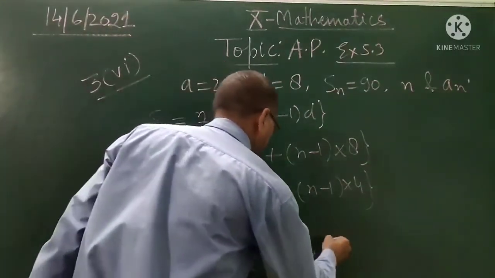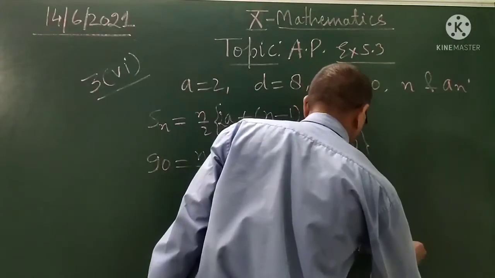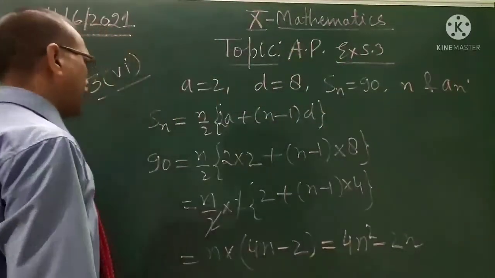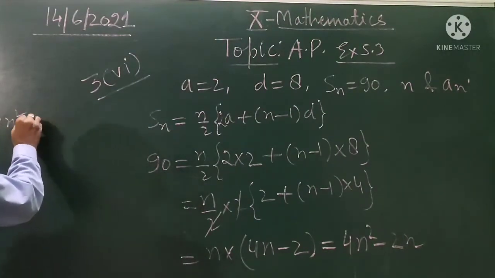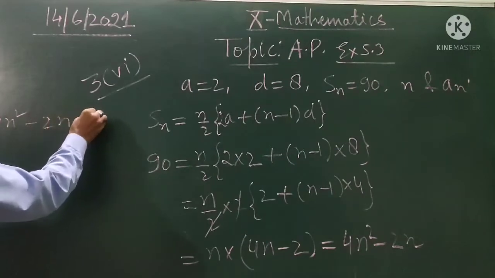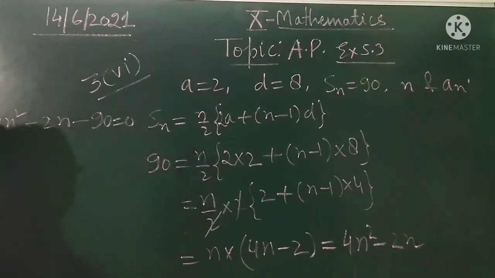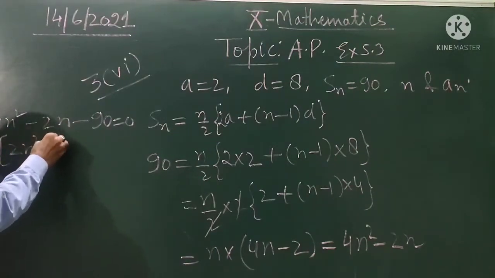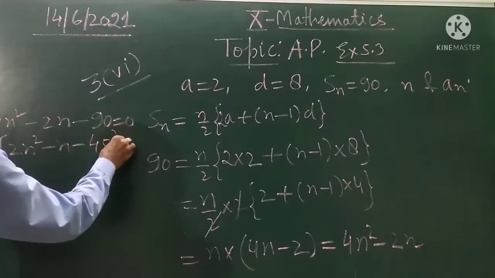Now it is 4n square minus 2n. Therefore, the equation becomes 4n square minus 2n minus 90 equal to 0. Student, 2 is again common. So it is 2n square minus n minus 45 equal to 0.